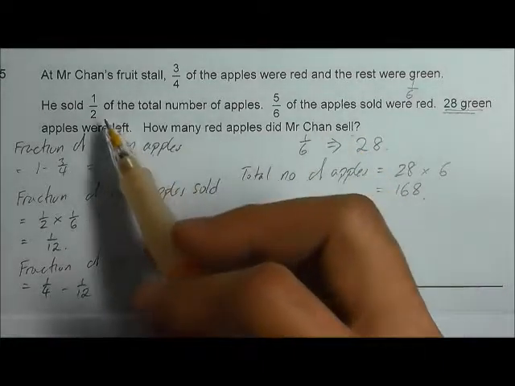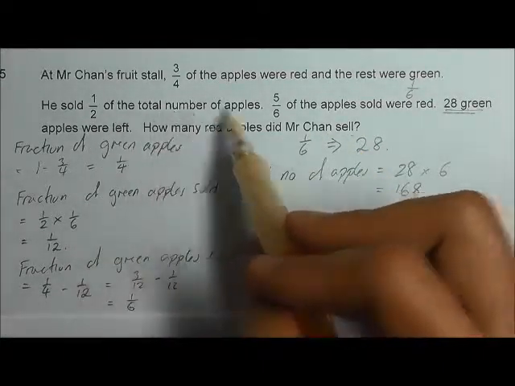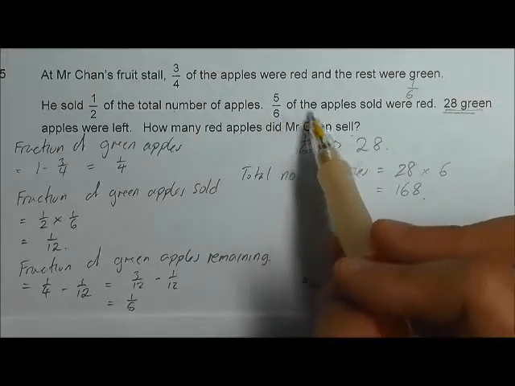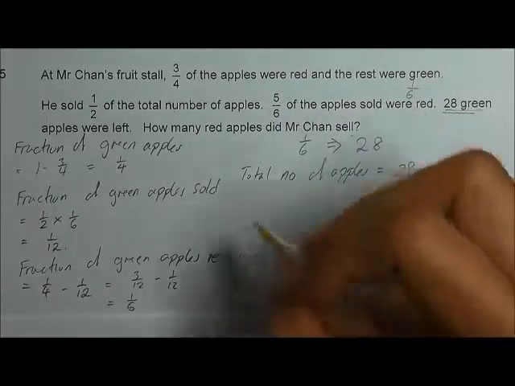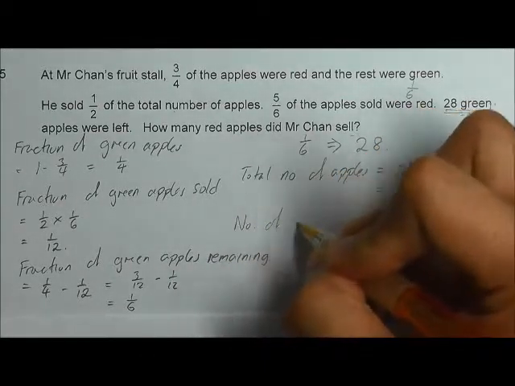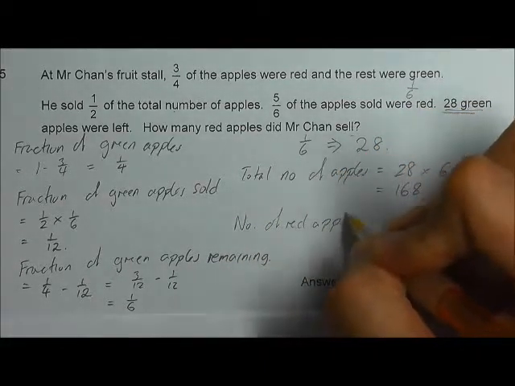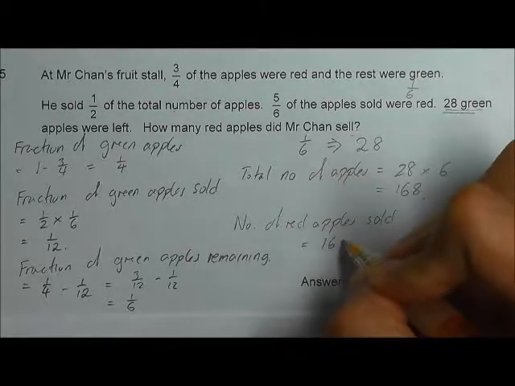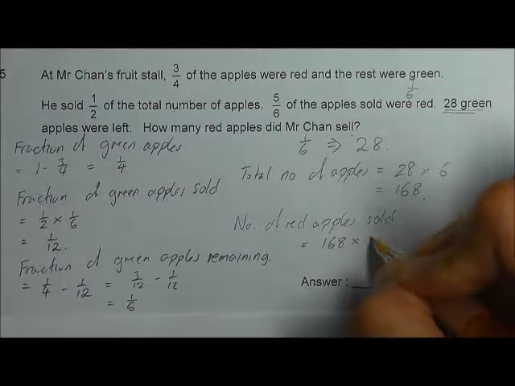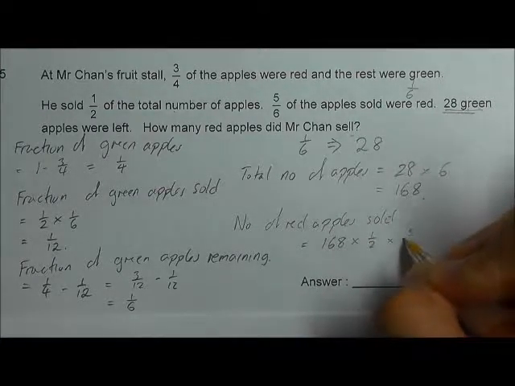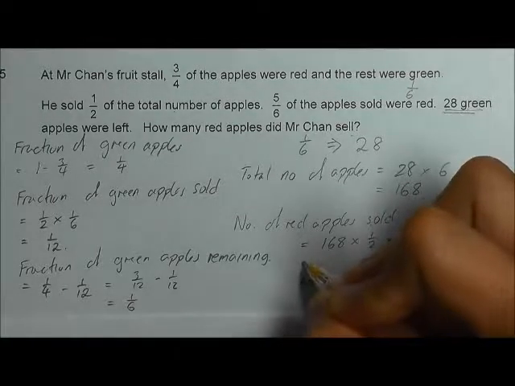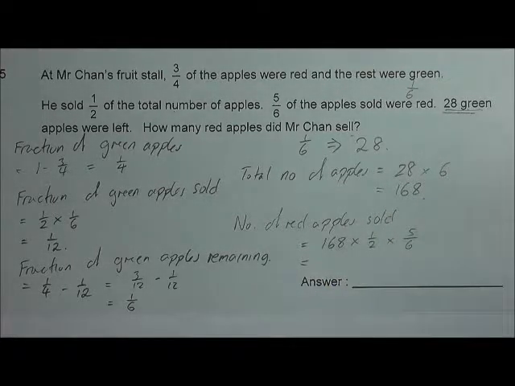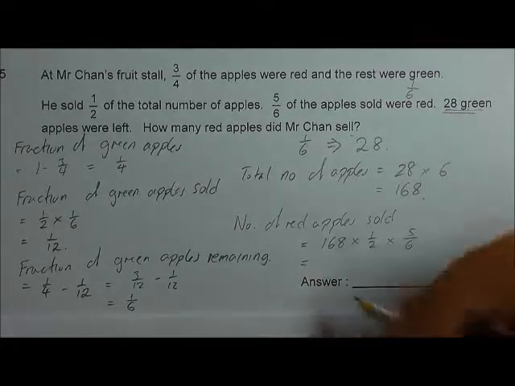He sold half of the total number of apples, and 5/6 of the apples were red. So the number of red apples sold is simply the total number of apples multiplied by half multiplied by 5/6. So that will be 70.